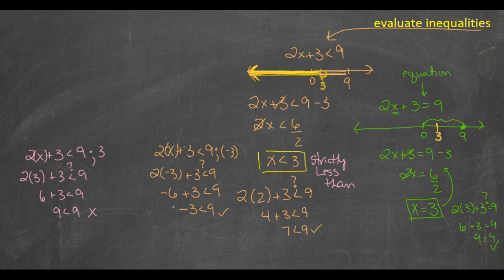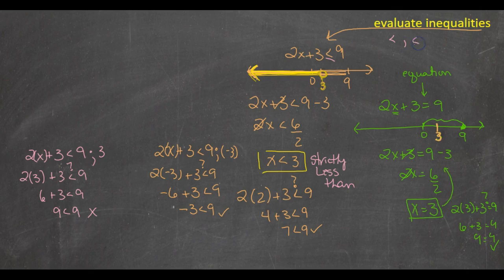Sometimes you're looking for two things at the same time. You're looking for when does the left-hand side actually equal 9, and when does the left-hand side less than 9? And the notation we use in that case would be less than, and I'm going to use a different color, equal to. So the symbol less than means strictly less than.